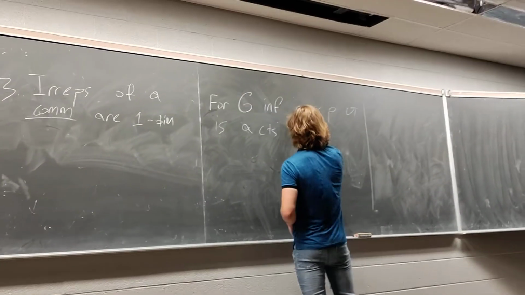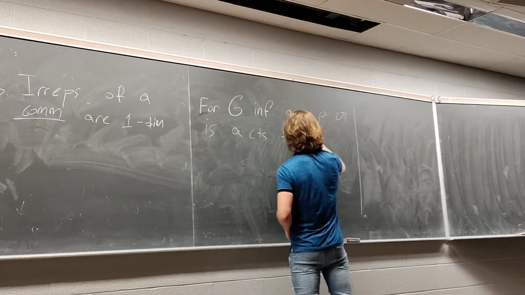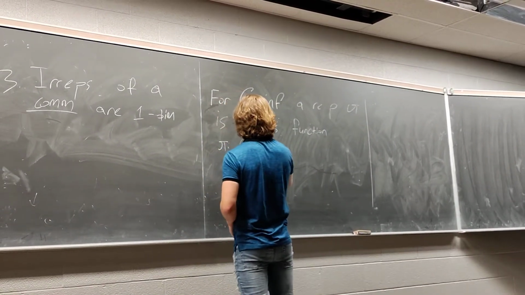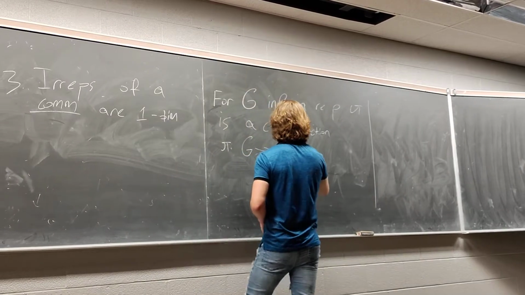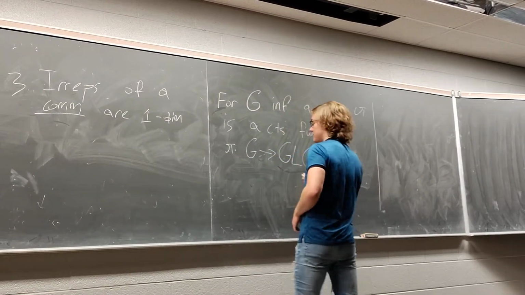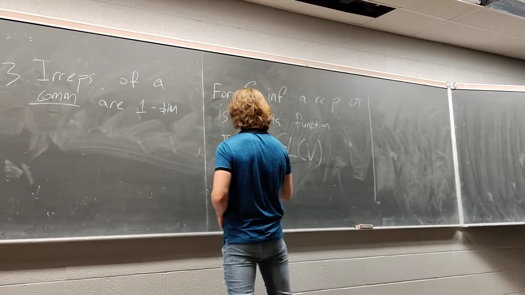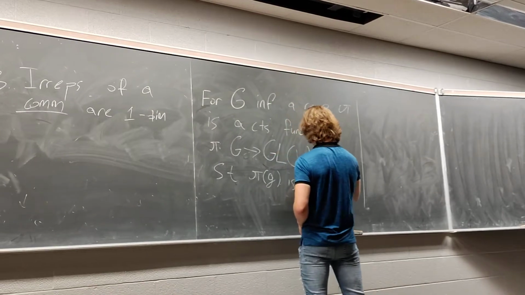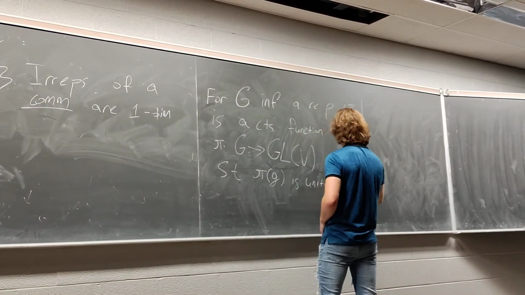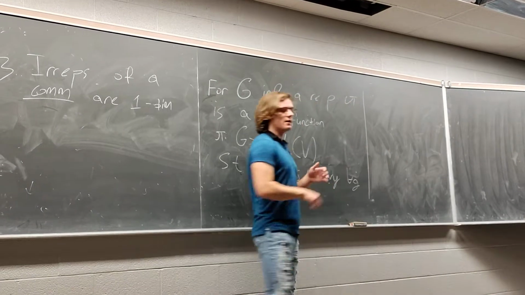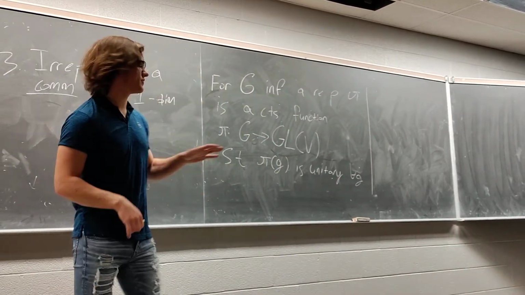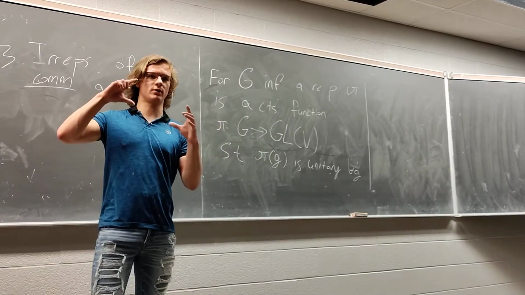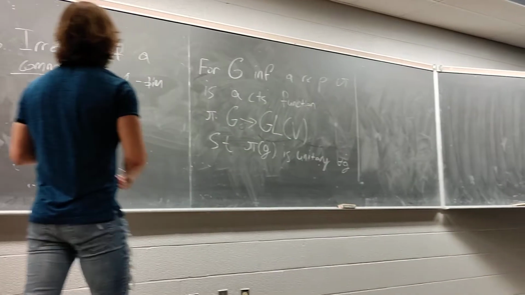So this is a continuous function pi from G to the general linear group of a vector space, such that pi of g is unitary for all g. Now, in practice, the only property of unitary we care about is that all of the eigenvalues are going to land on the complex unit circle.